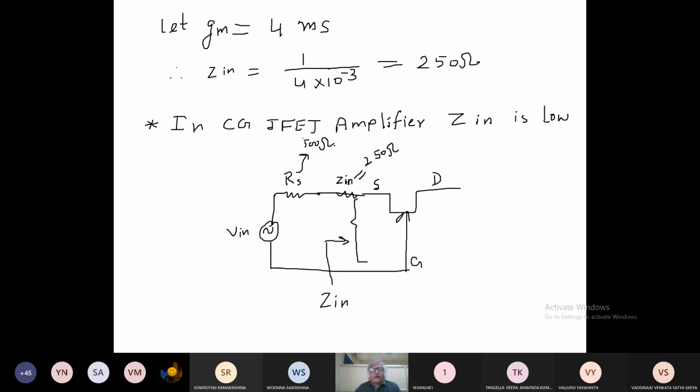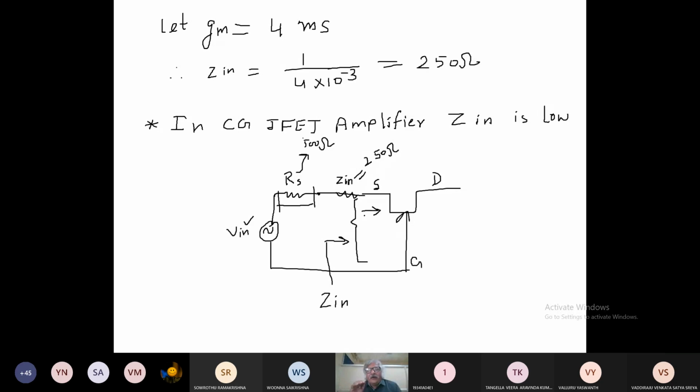So now what will happen? Whatever voltage source you have attached, whose value you want to amplify, the maximum drop will occur across this resistor. Only a very small amount of voltage is entering the amplifier for amplification.